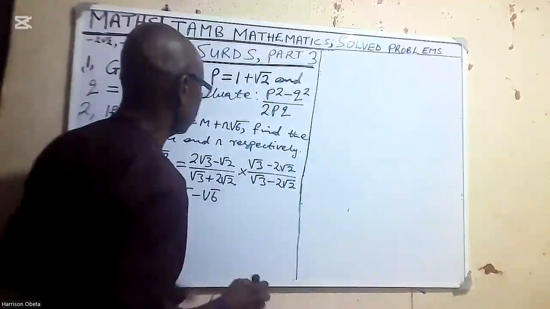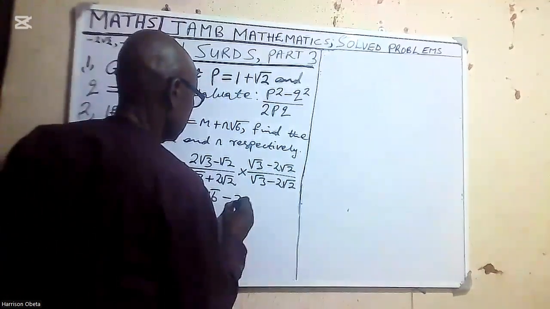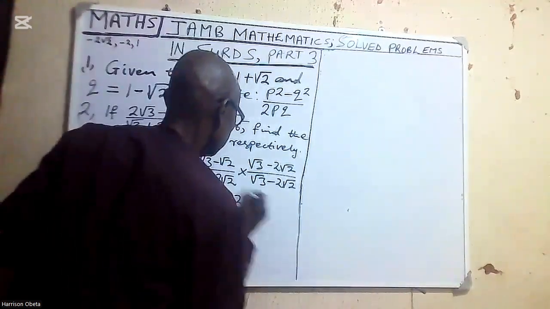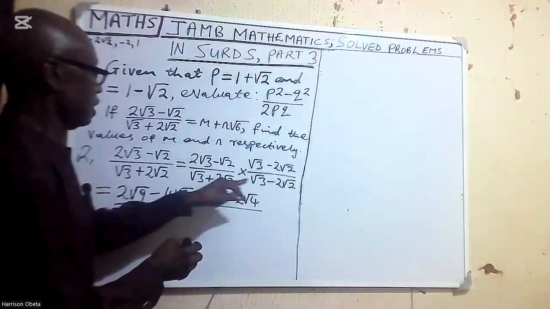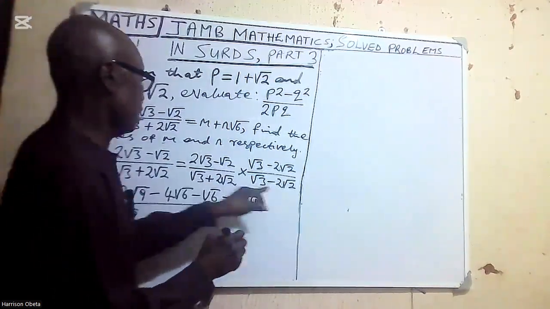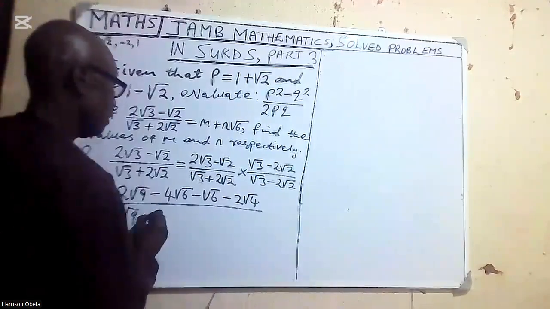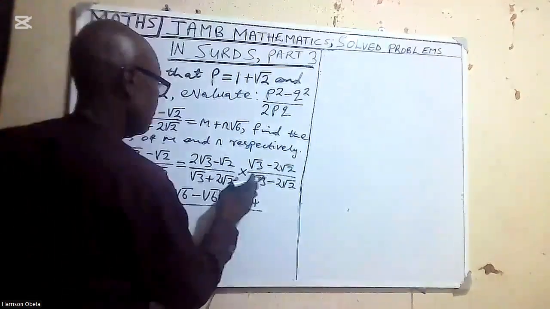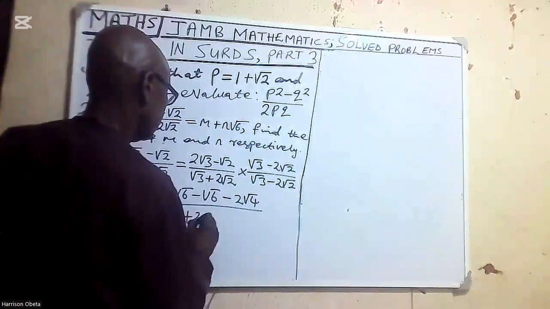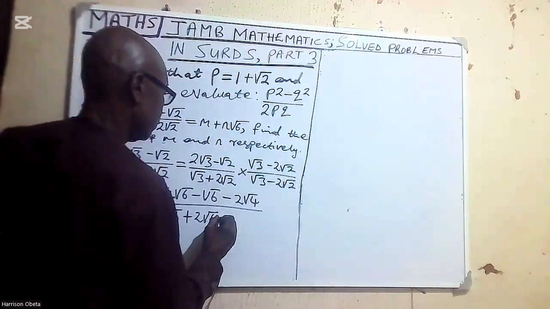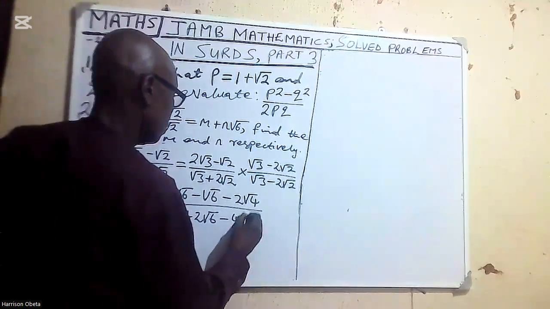This times this will give us minus 2 root 4. So denominator now, this times this gives us root 9. This times this gives us minus 2 root 6. This times this plus 2 root 6. This times this gives us minus 4 root 4.